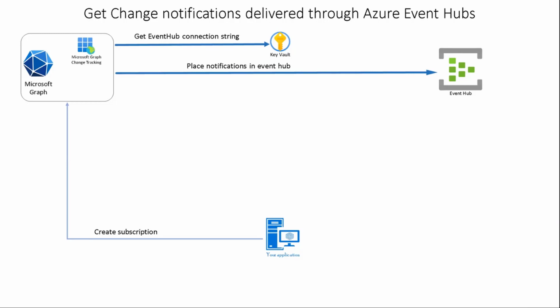So Microsoft Graph will pull out this connection string, connect to this Event Hub, and place the notification there. At this point, your application, whatever you have chosen as the manner to get events from Event Hub, can go and pull these events in the manner and at the frequency as it pleases. So this is how the whole thing comes together.